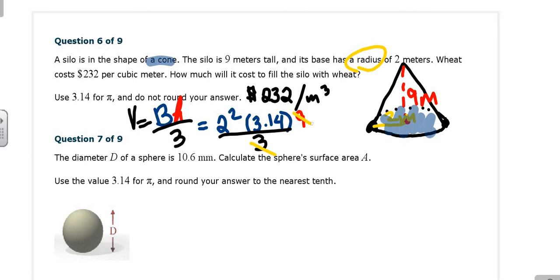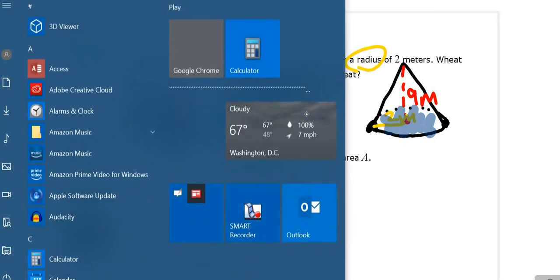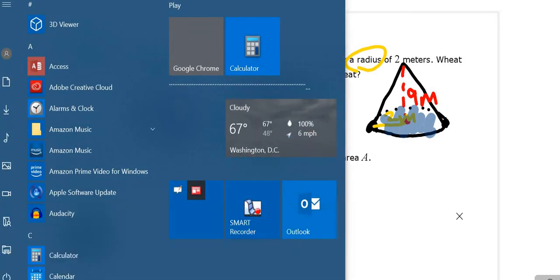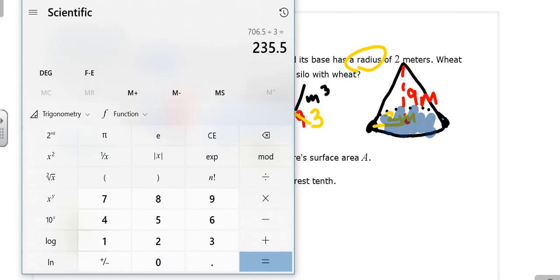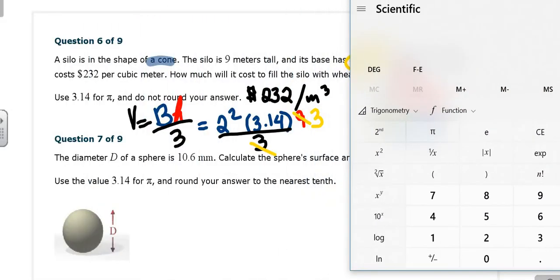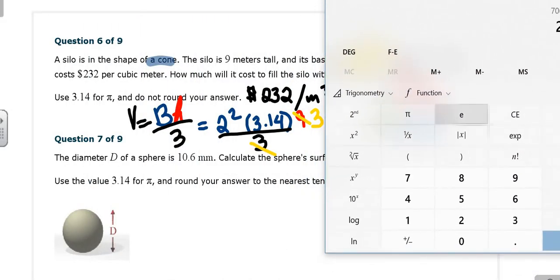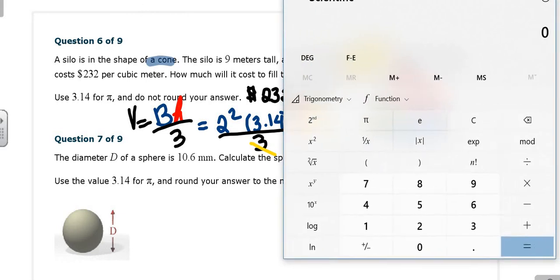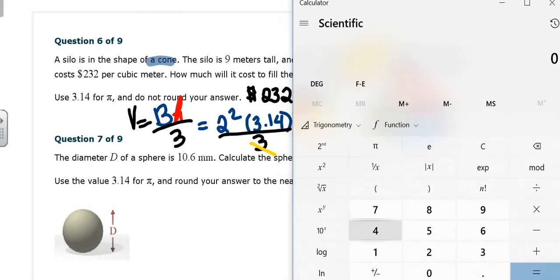I'm going to take the 3 into the 9, make it easy. Or easier. So this is 4 times 3.14 times 3. 37.68.